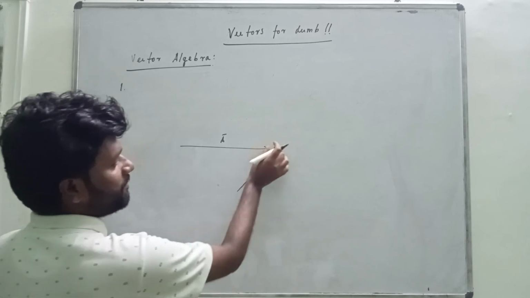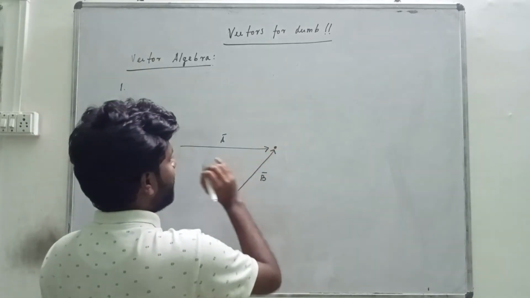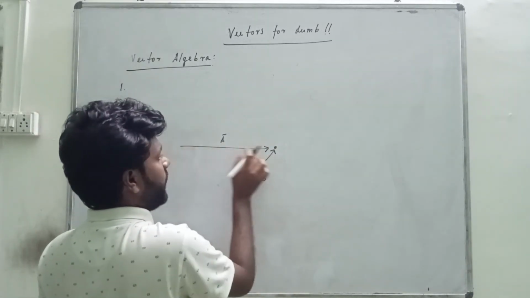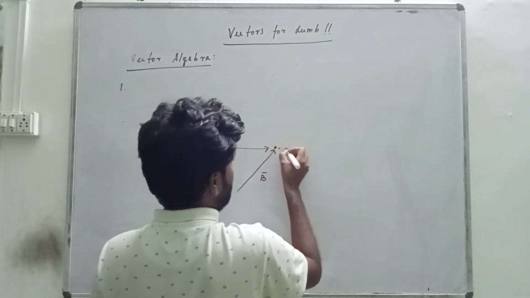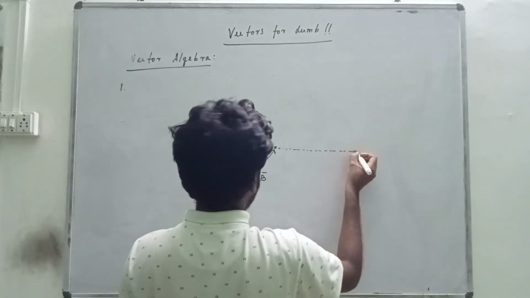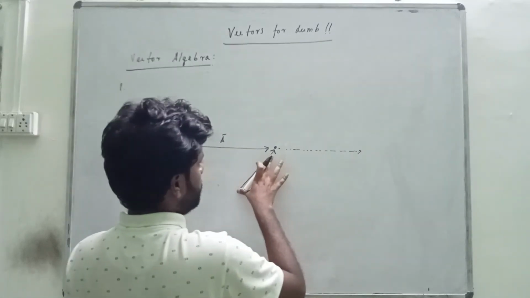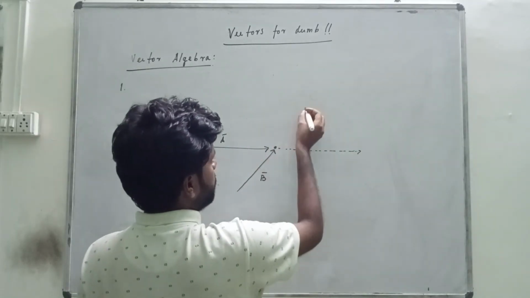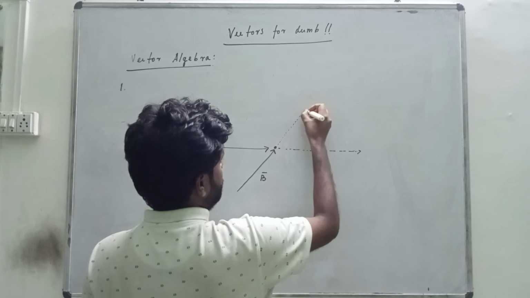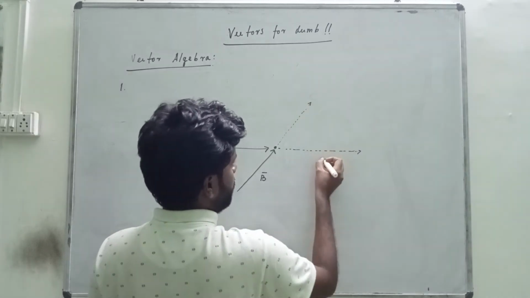It just represents the block as a dot. Transfer A from here to there, the new configuration with A. Transfer B from here to here, so it is our B, a parallel shift.